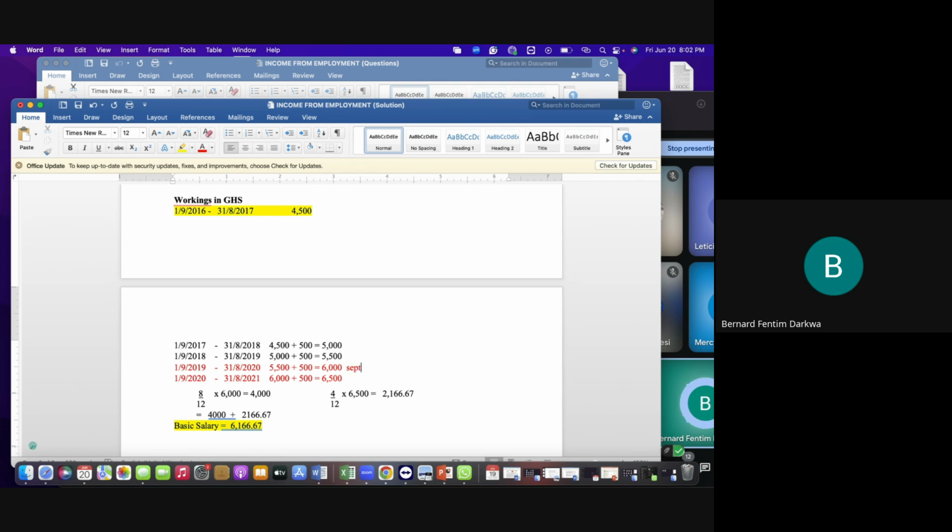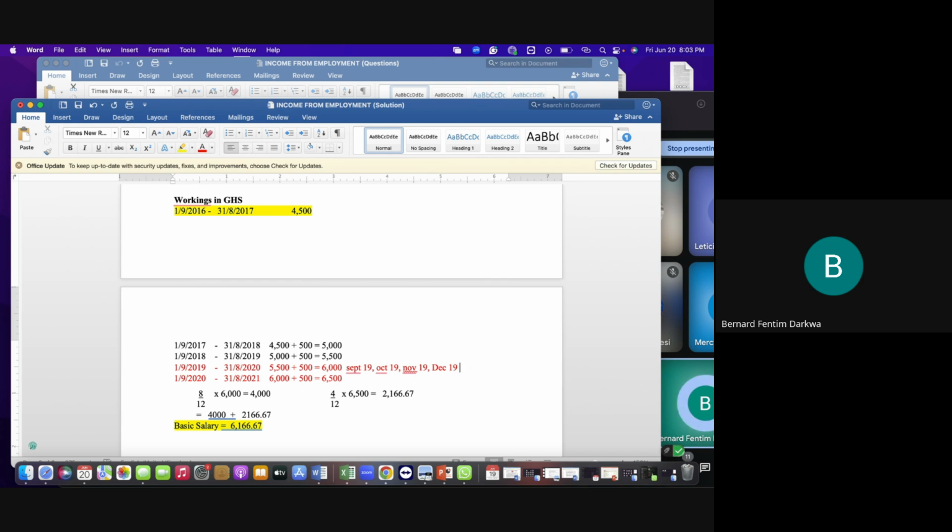Let's list the months involved. We have September 2019, October 2019, November 2019, December 2019. 2019 has ended.